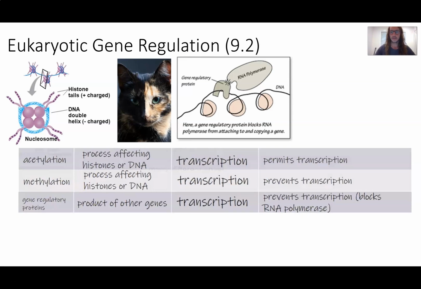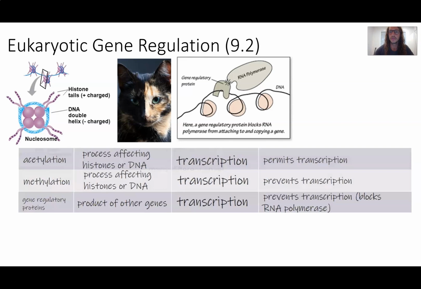mRNA binding proteins. I'm going to take that back. If you know that gene regulatory proteins inhibit transcription from taking place, then what would mRNA proteins do? When is mRNA used to do something?